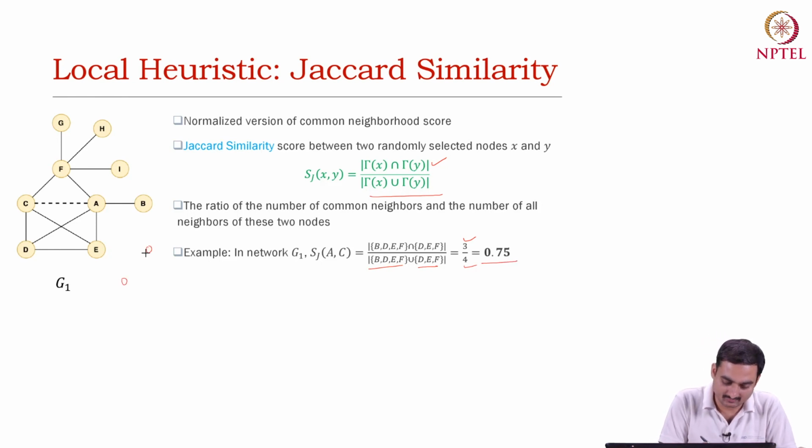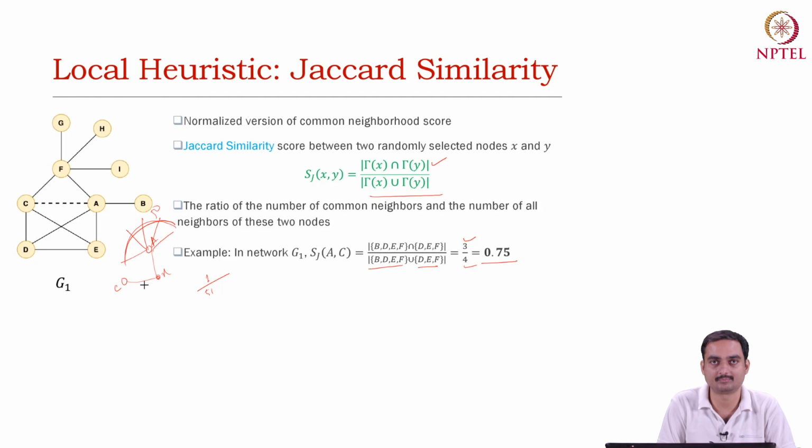But if you take the example that I have given earlier, say this is C, this is A, and let us say there is a common neighbor x, but A has say 50 other neighbors. So the intersection would be 1 and the size of the union would be 51. So 50 neighbors here and this one, 51. 1 by 51 is much lesser, right.